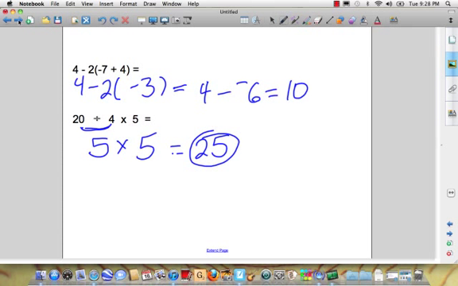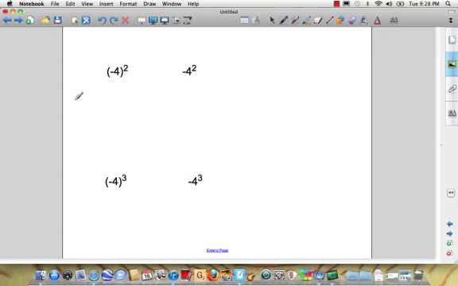Okay, another thing I want to explain to you is the slight difference between these two expressions. Visually, this one has parentheses, this one doesn't. But it means something different. This first one means take negative 4 and square it, or take negative 4 and multiply it by itself. And a negative times a negative is positive.